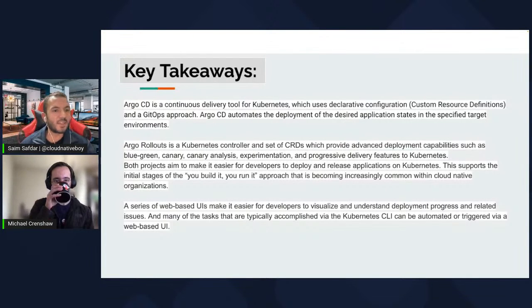So is that a good first key takeaway, or do you want to add something to it? I think that's pretty good. Argo CD is kubectl, but way more powerful, and it does GitOps for you.